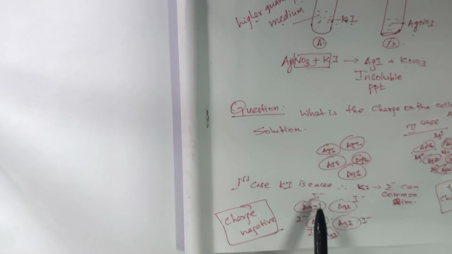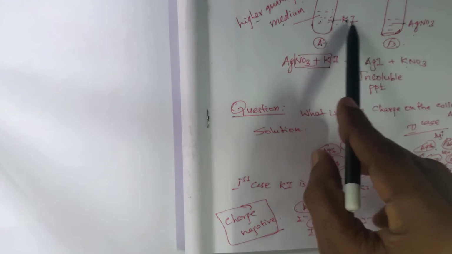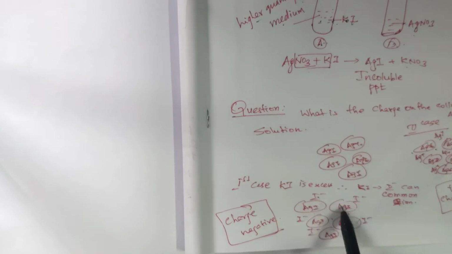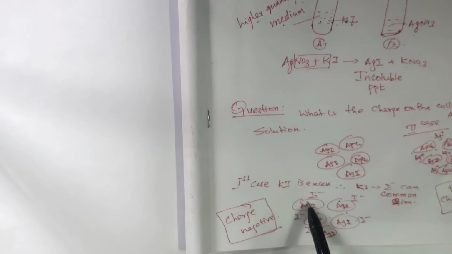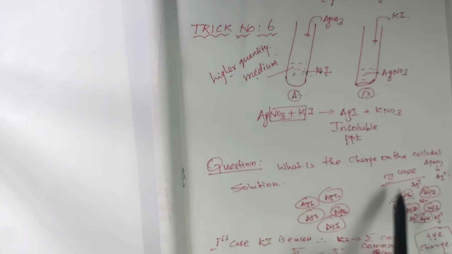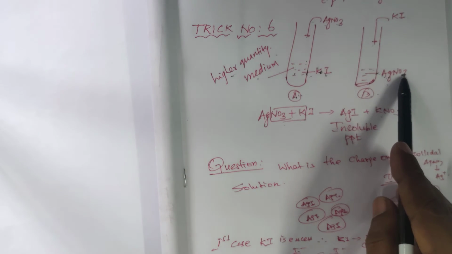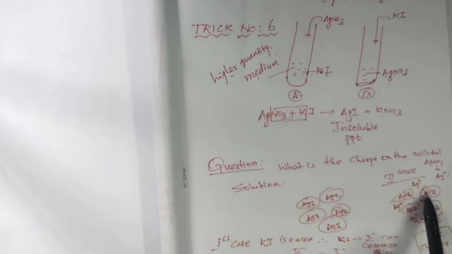Now, suppose in the case of A, the AgI is a precipitate. Here the medium is KI. Excess of KI is present. Therefore, excess of I- is produced. This I- can join the second layer to make the colloid charge negative. Suppose in case 2, here AgNO3 is in excess. For this excess AgNO3, Ag+ ion comes to form the second layer with the AgI.